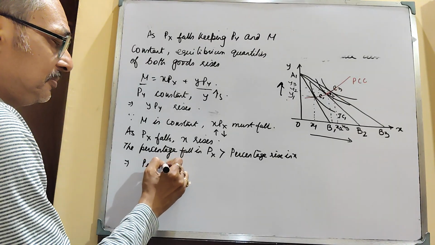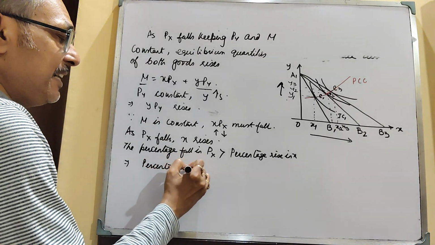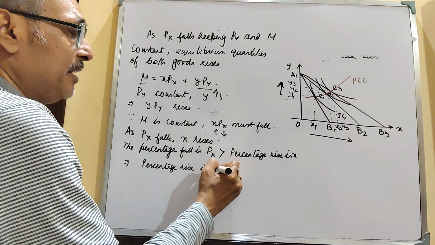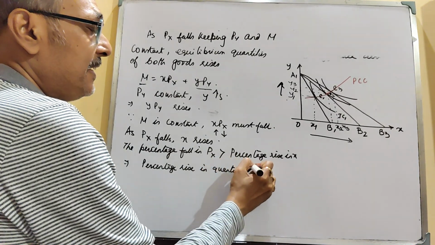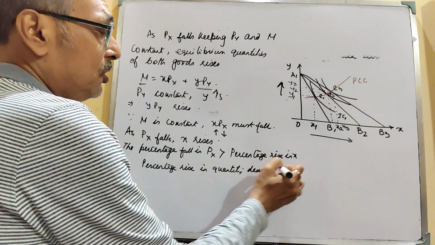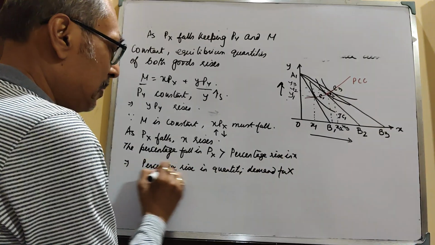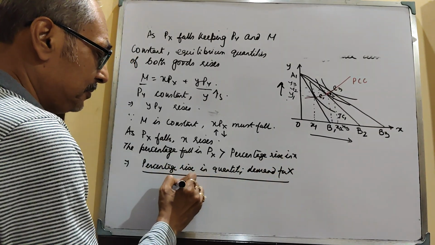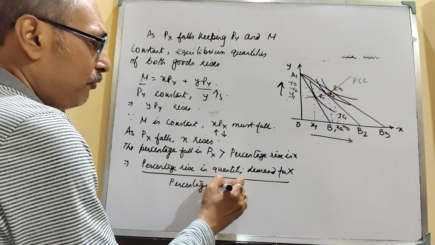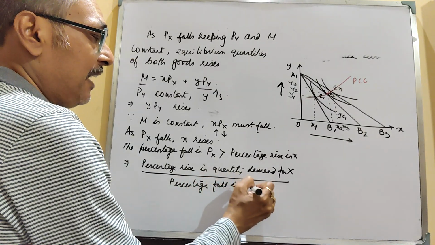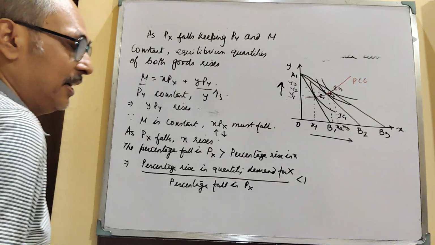Percentage rise in quantity demanded for X by percentage fall in price of X is less than 1.